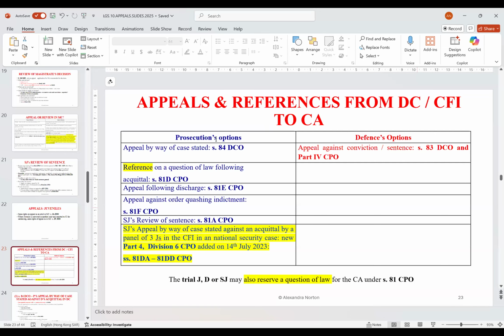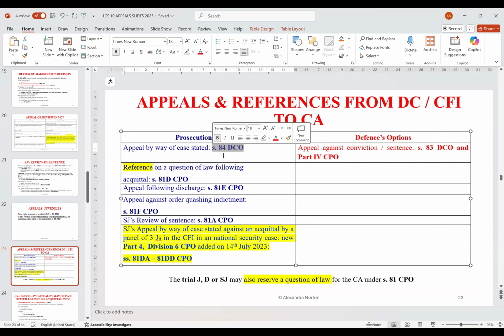So from the prosecution's perspective, sorry, I should have said if the defendant is acquitted in the district court, the prosecution can appeal that acquittal under Section 84 of the district court ordinance by way of case stated. But that provision, Section 84, obviously only applies to an acquittal in the district court.